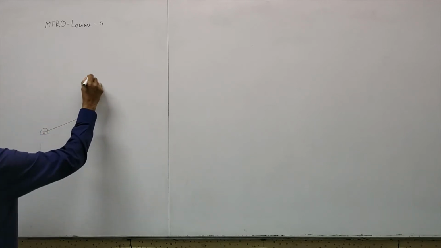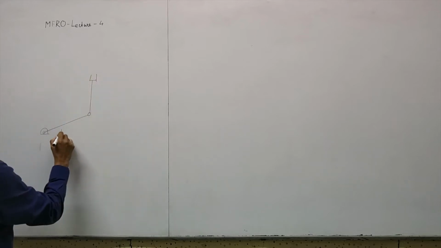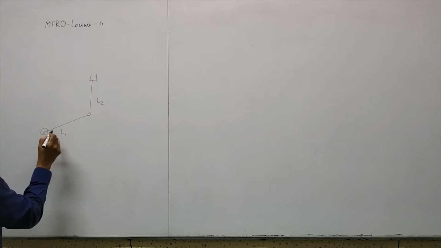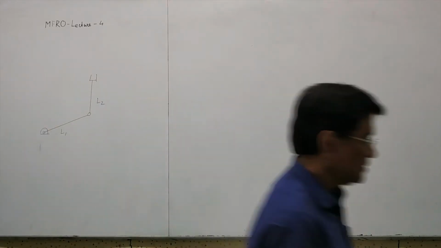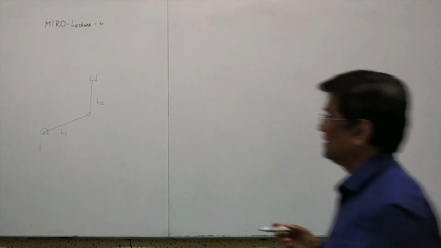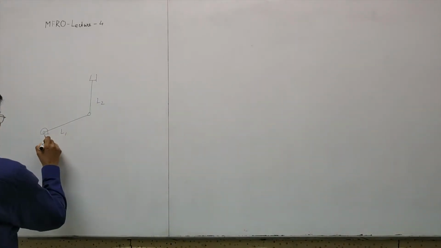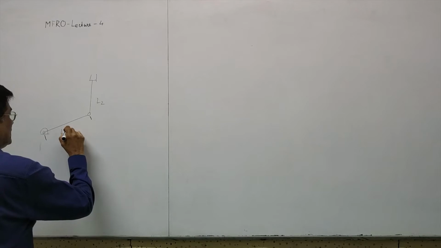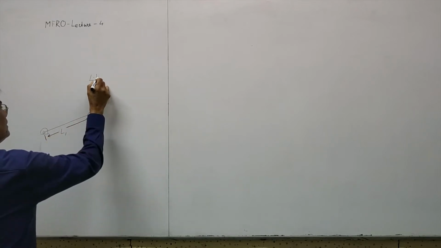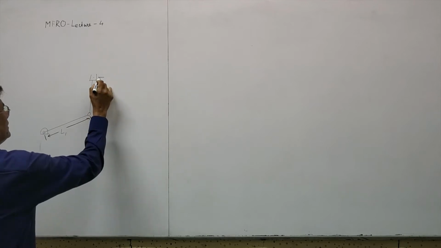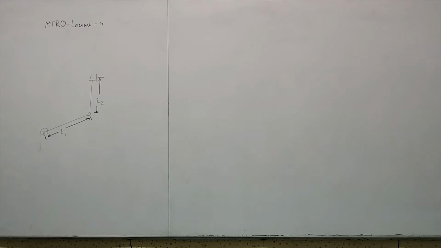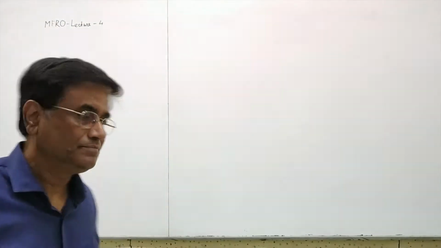So in that context, we were telling you that this is a two-link manipulator. A two-link manipulator is what we can actually visualize. Okay. That's why we are taking the help of this simple manipulator.